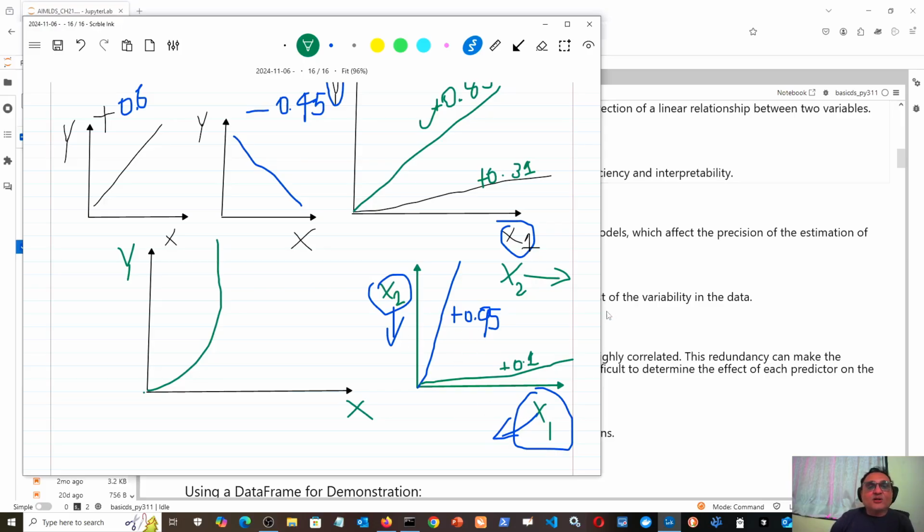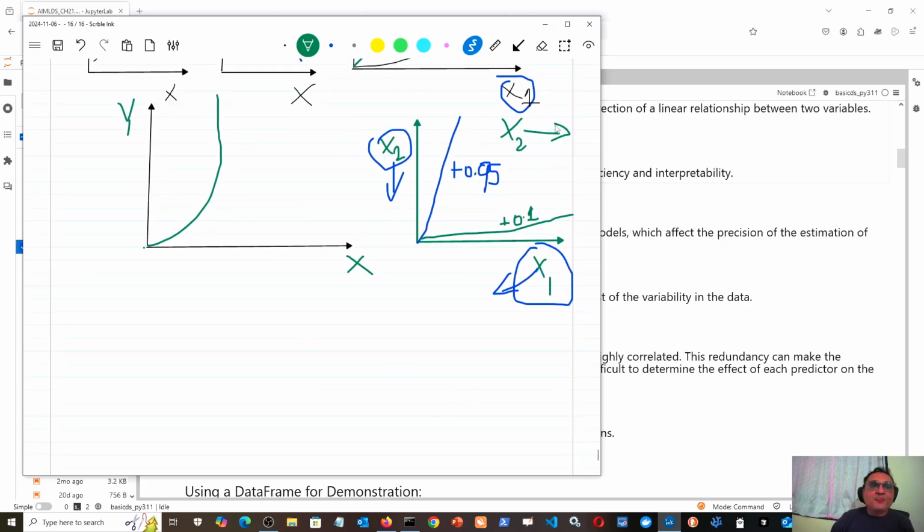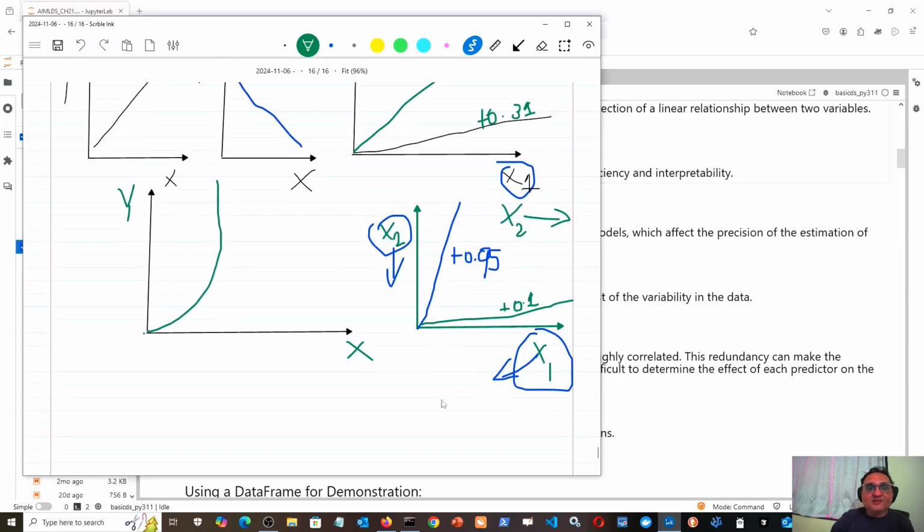So this correlation study also helps in deciding which pairs of independent variables allow you to remove one of them without much loss of information, and which pairs do not.